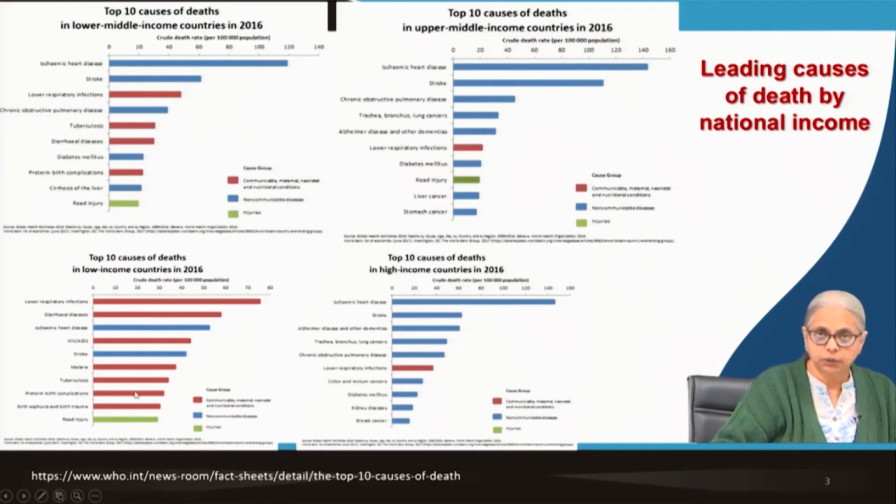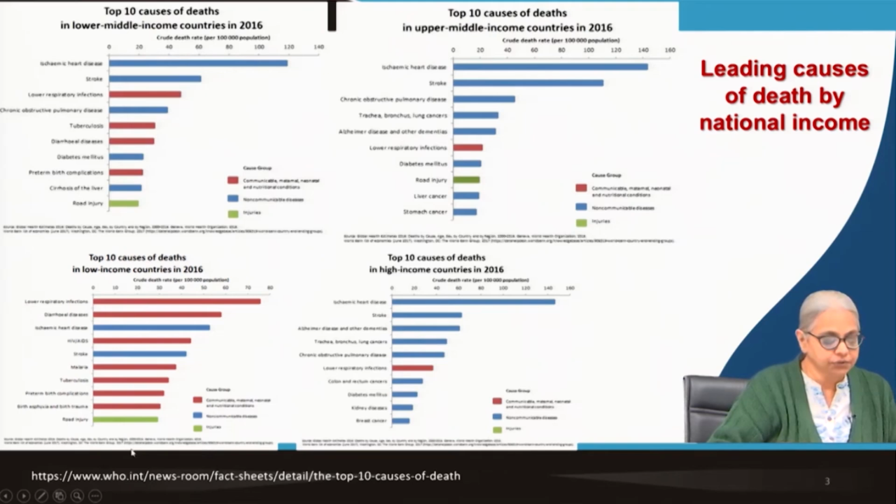Let's start with low income countries, and you can see out of the top 10 causes of death we have lower respiratory infections, diarrheal diseases, HIV or AIDS, malaria, tuberculosis, birth complications and birth asphyxia.